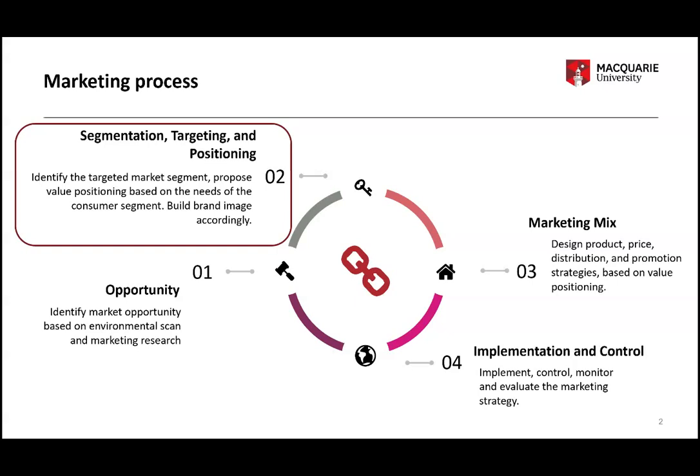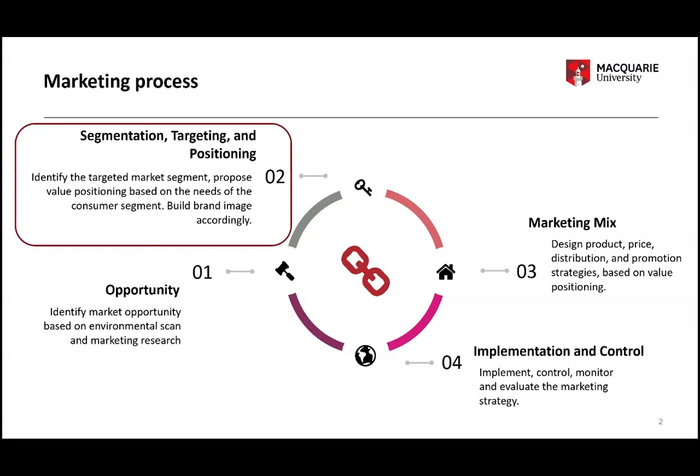And we look specifically at our product offering, our pricing strategy, distribution, and communication or promotional strategies designed to reinforce our positioning.